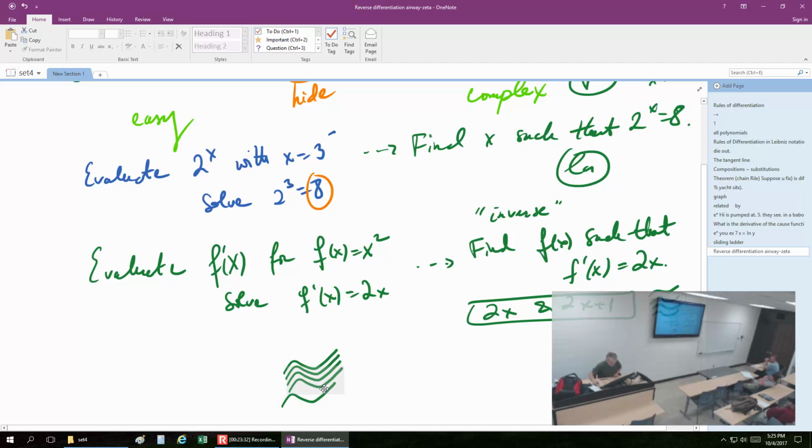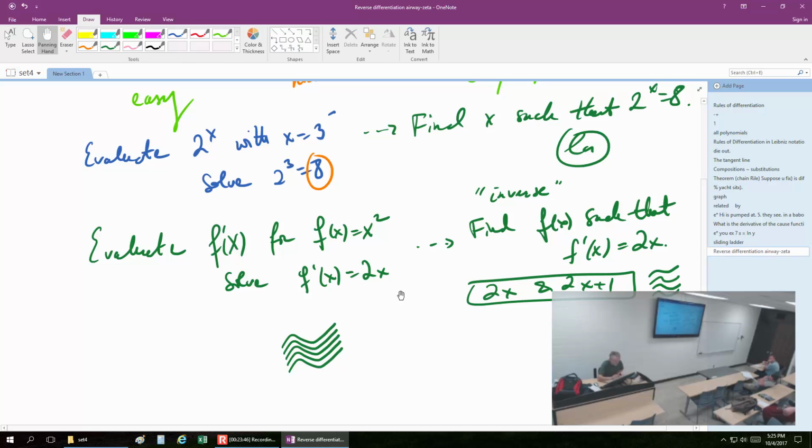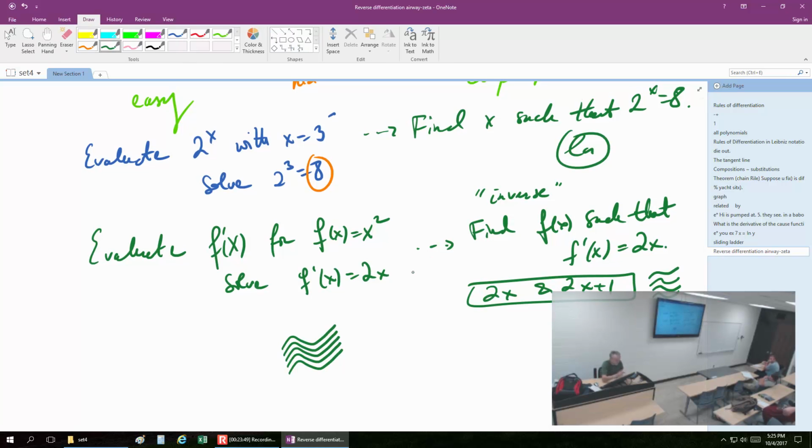I could put as many of these as I like. They are all equally good as far as the derivative is concerned. It will produce the exact same derivative. So that is certainly an important insight into derivatives.